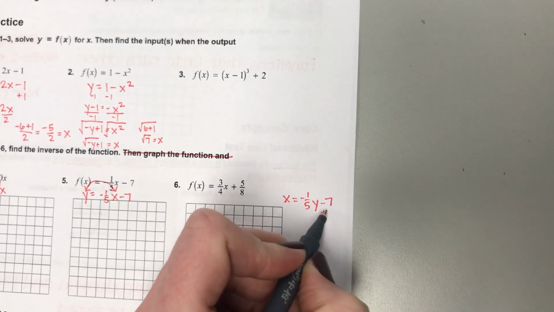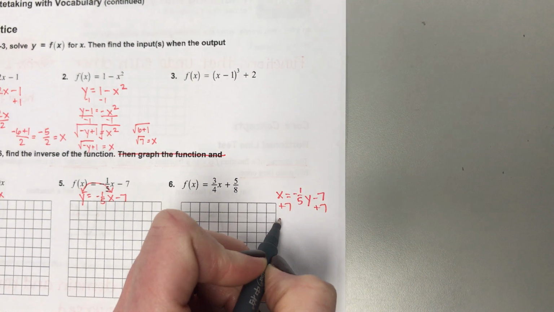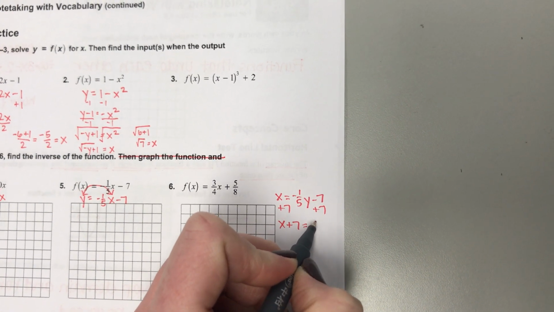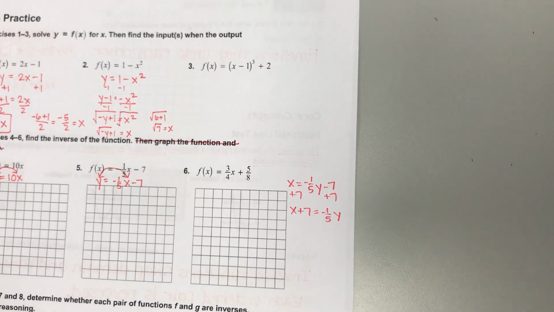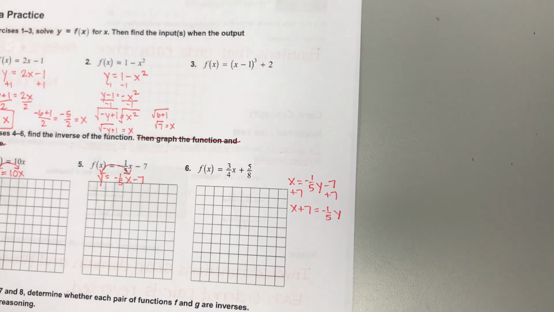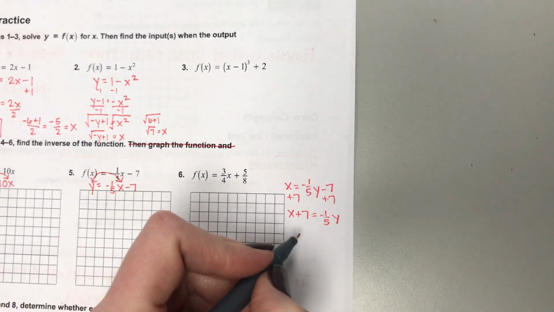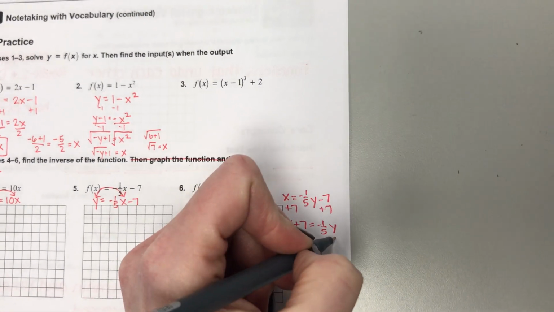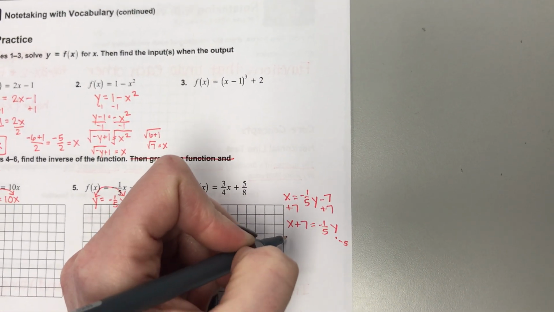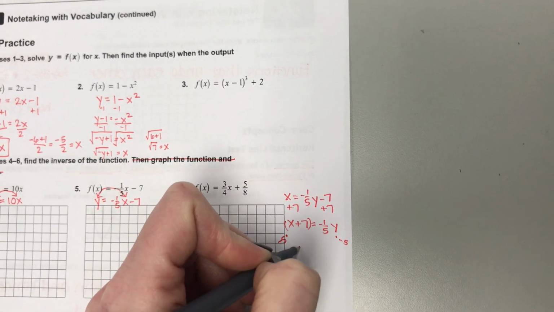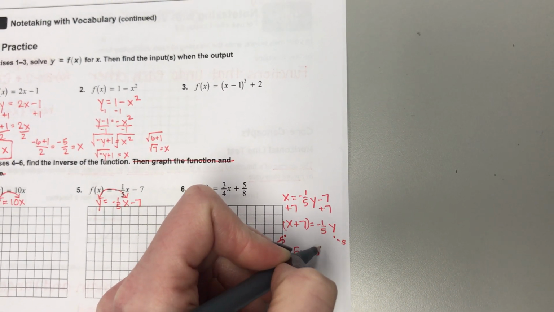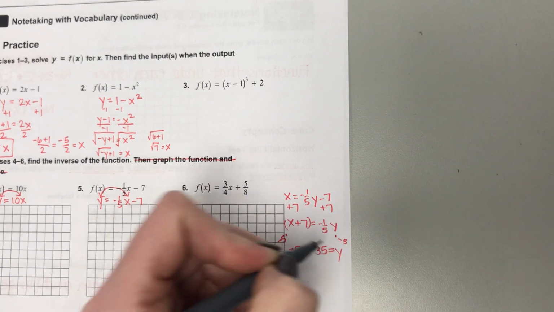So I'm going to add the 7 over. And now negative 1/5 y. Remember, I can divide by negative 1/5, but that's the same thing as multiplying by its reciprocal, negative 5. So I'm going to do that instead. So negative 5x minus 35 equals y.